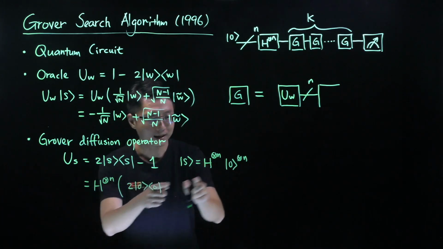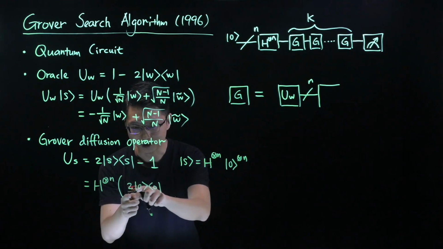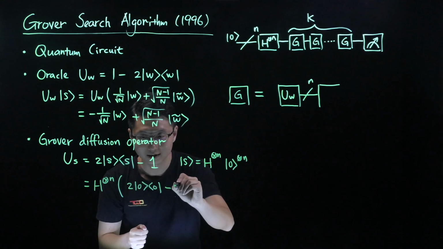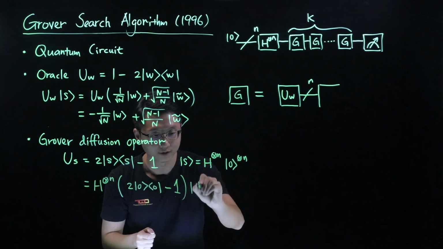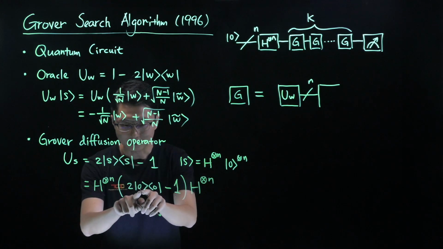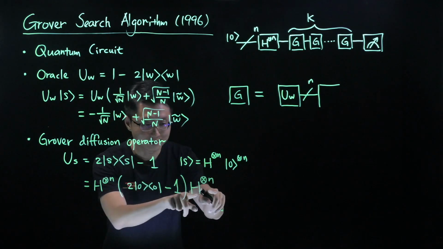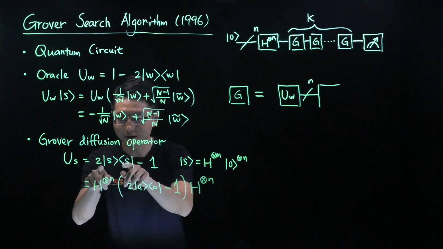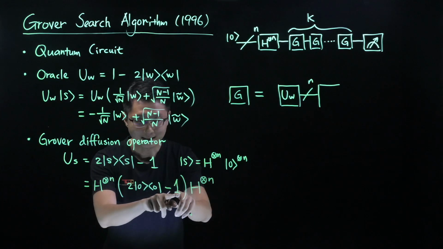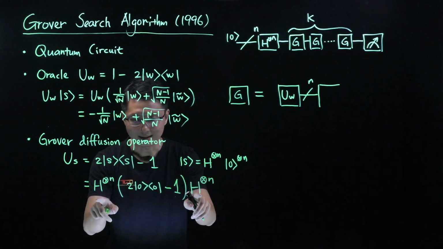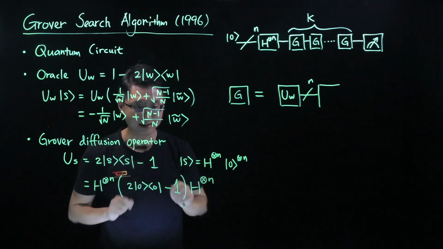The 0 here actually means 0 tensor n, so it's a short notation to mean all the bit strings inside are 0, minus the identity, followed by H tensor n. So you can check this part acting on the |0> ket gives you the |s> ket. This part acting on the <0| bra gives you the <s| bra. So this together will give you this part. And for this part, identity with the H and H, but H with H gives you identity, so this part just gives you the identity.